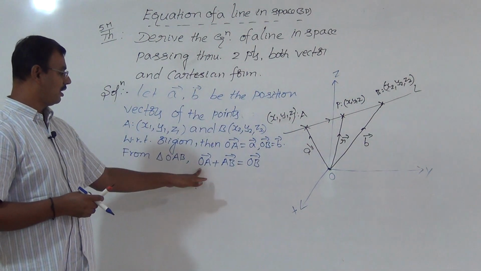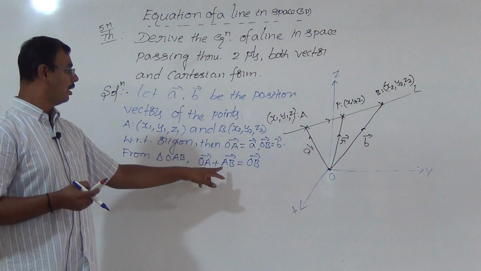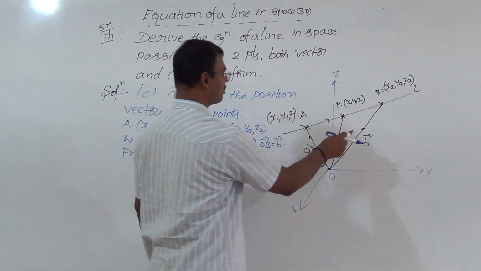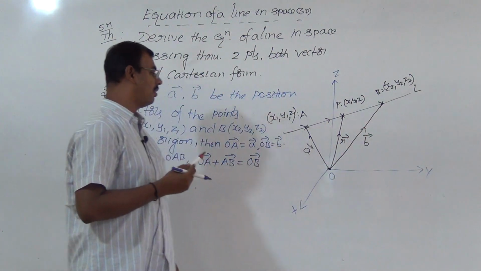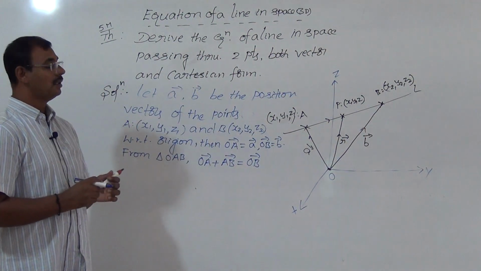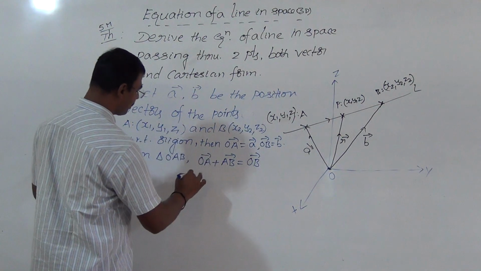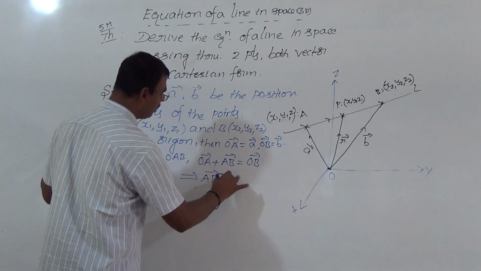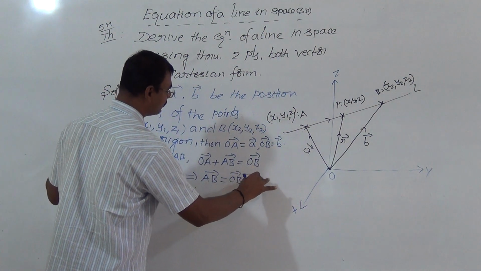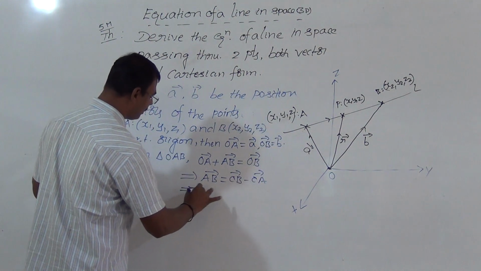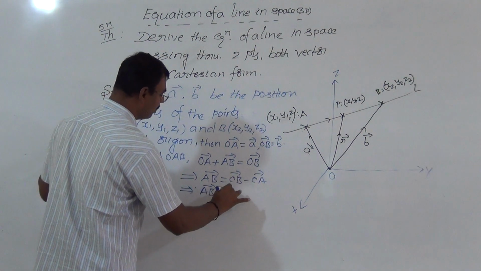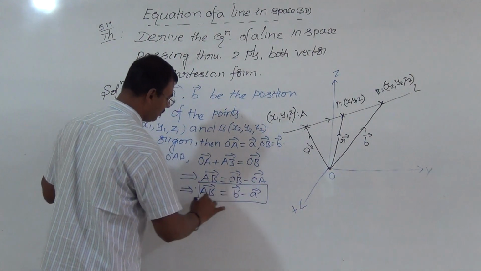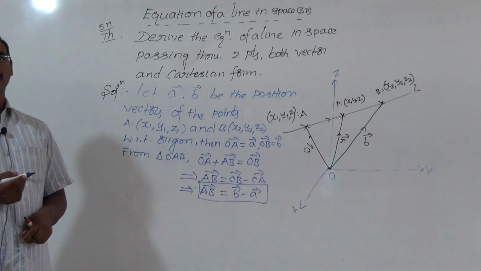Yes. Direction is always followed. So this is vector addition of two vectors. So AB bar is equal to OB bar minus OA bar. This becomes AB bar is equal to B bar minus A bar.